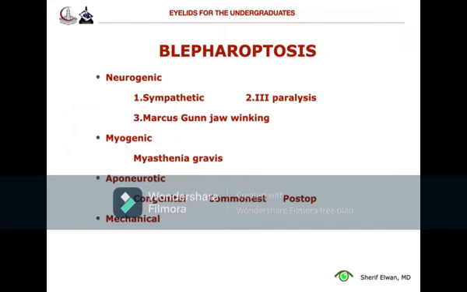And the second thing is third nerve paralysis, and finally Marcus Gunn jaw-winking phenomenon, where the nerve supplying the levator is congenitally intermingled with the nerve supplying the masseter muscle of the jaw, and in this way, moving the jaw leads to ptosis. Myasthenia gravis is the disease that causes myogenic ptosis. Aponeurotic ptosis might be congenital or acquired, and the congenital is the commonest type.